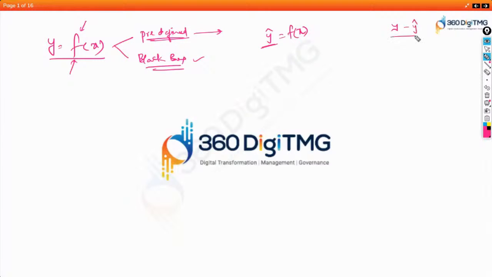So the difference between these two is the error in your prediction. Right? The error that we are getting in our prediction. Lesser this error, better the model. Remember that. Now we are trying to see various models, various equations, which can actually bring this error down. That's what we try to learn.